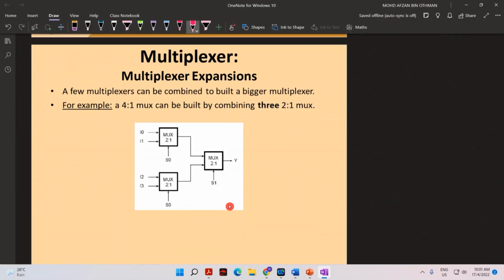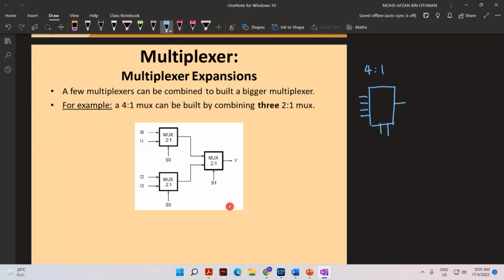Contoh, a 4:1 mux can be built by combining 2:1 mux. So how to do it? Okay, kita 4:1 mux. Kalau kamu tengok 4:1 mux ada berapa inputs? Ada 1, 2, 3, 4 input, 2 selector, 1 output. So this is the basic 4:1 mux. Sekarang ni kamu tak ada 4:1 mux, kamu hanya ada 2:1 mux.